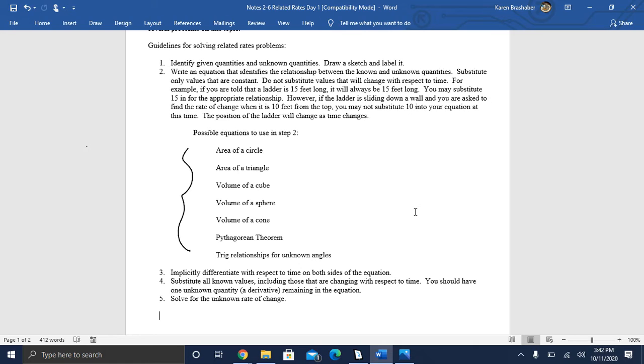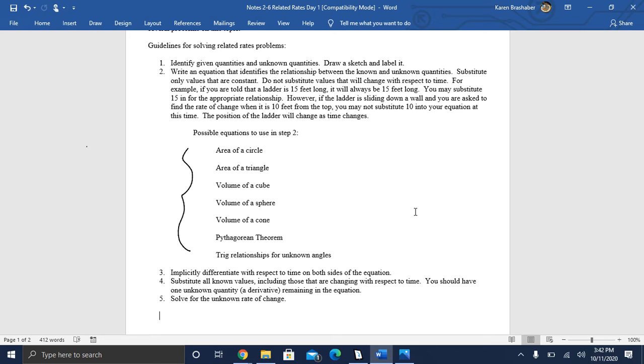And so we'll be looking at the rate of change of the area and relating that to the rate of change of the radius. That's where we get this idea of related rates: as one part of a formula changes, anything that's related to that is going to change as well.